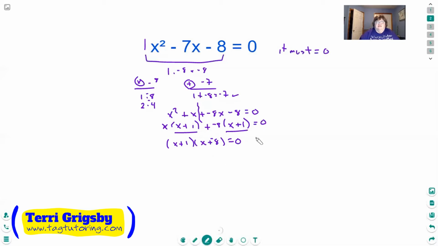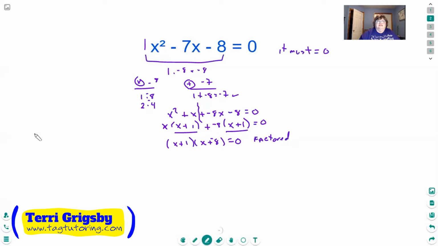So now we have our factored form. That's your first mission, is just to get it factored. Once you get it factored, now you got to think, two things are being multiplied to be 0.